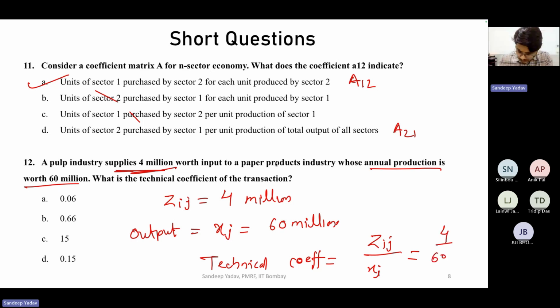So when we calculate this, 4 by 60 would be equal to 0.066.